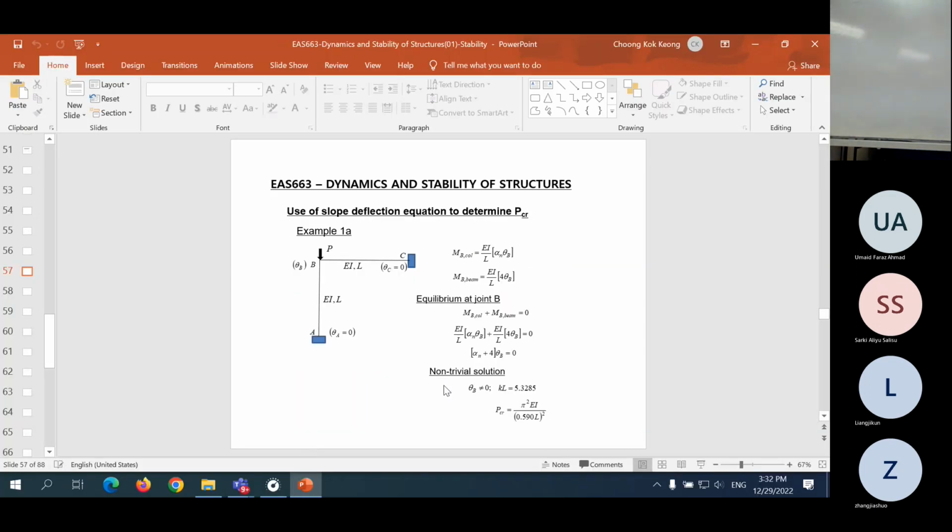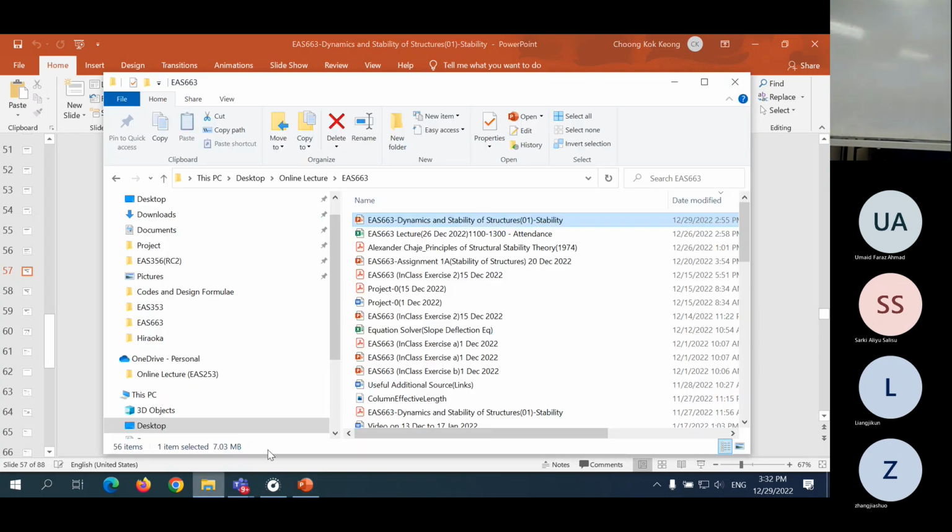Now, where do we get all these equations? All the equations, alpha n and alpha f, come from derivations.